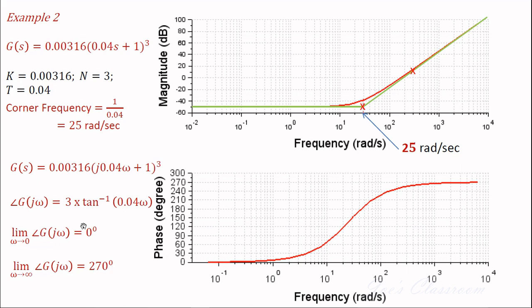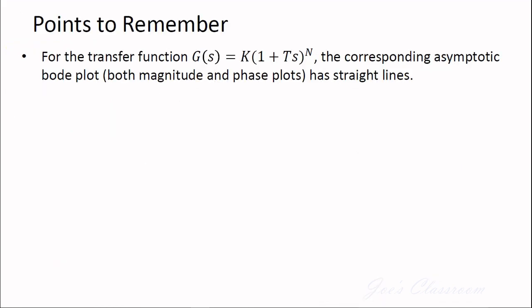But as omega tends to infinity, this is going to be tan inverse of infinity, that is 90. 3 times 90 is 270, so it reaches 270 as omega tends to infinity. So the starting point and the ending points might be important, because when we study about polar plots and all, that will be useful.